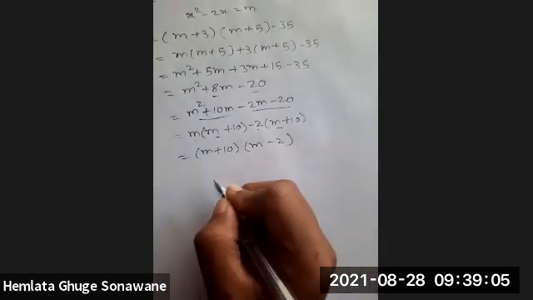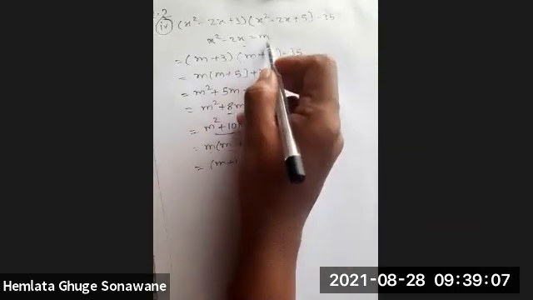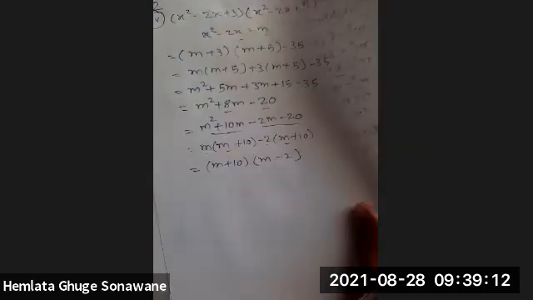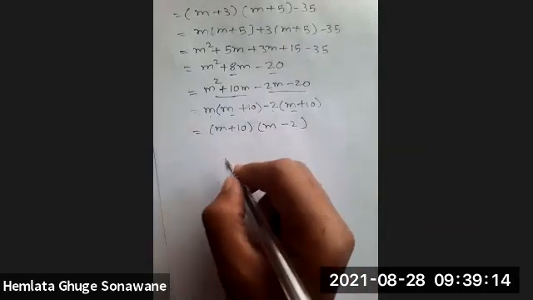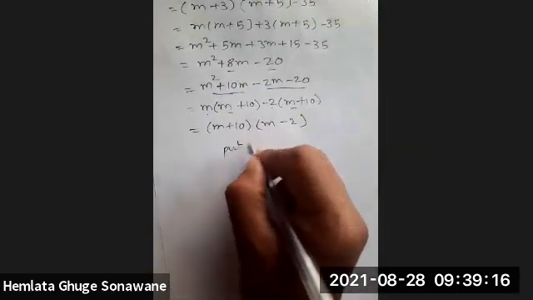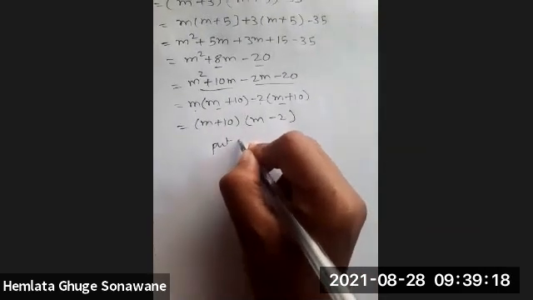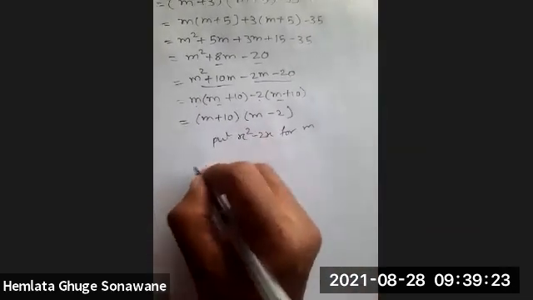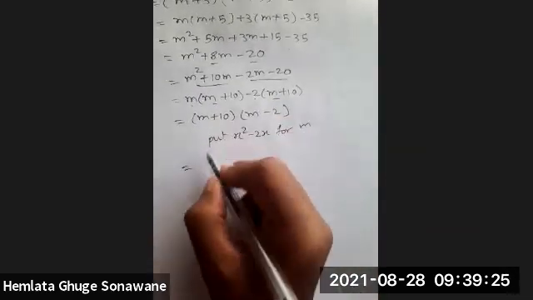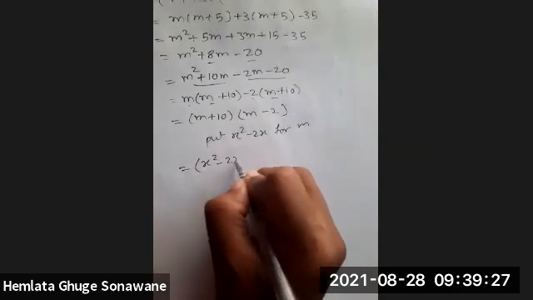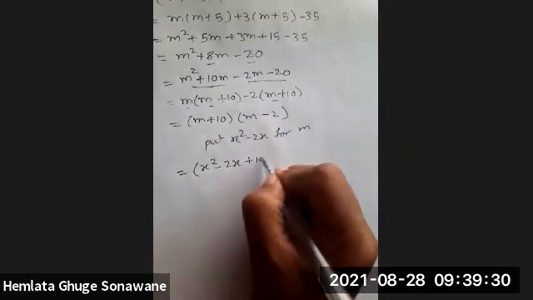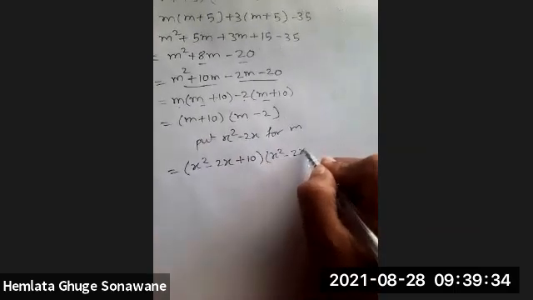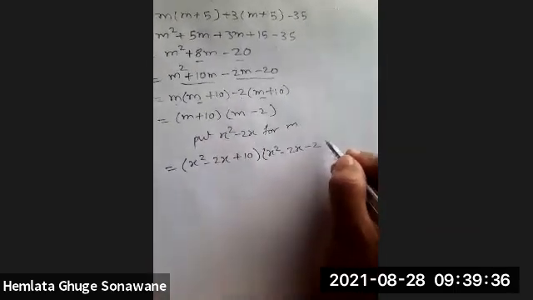Now what we have to do? We have to resubstitute the value of m as x square minus 2x. Okay, so we'll put x square minus 2x for m. That is x square minus 2x plus 10 and x square minus 2x minus 2.